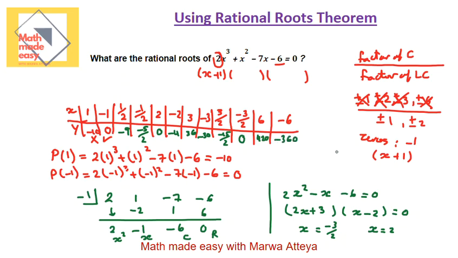So again, let's take a look at what we did here. We have used the rational root theorem, which states that if there is a rational root for a polynomial function, that root is going to be the quotient of dividing a factor of the constant by a factor of the leading coefficient. You find all factors of the constant, all factors of the leading coefficient.